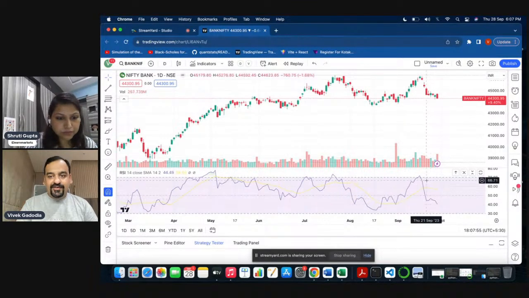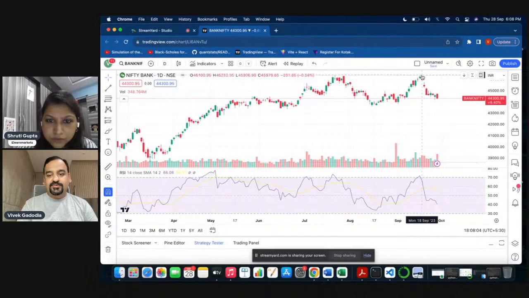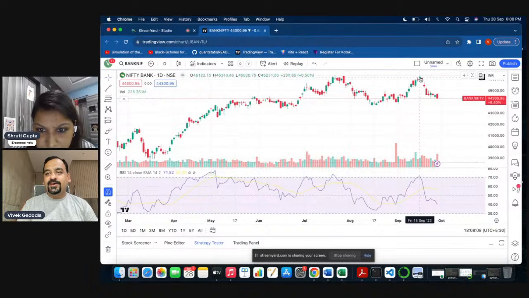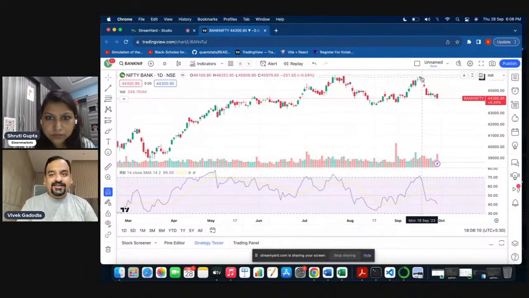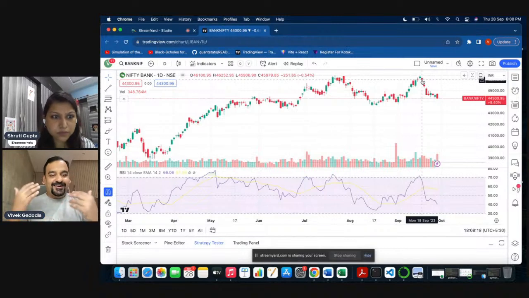Where was the peak formed recently, if we see, where RSI was about 70? This was just around 15th to 18th September, about 10, 12 days back. Coincidentally, this was also around the period where the G20 meeting happened. I'm not using fundamentals really in the trading, but a little bit of the sentimental part.